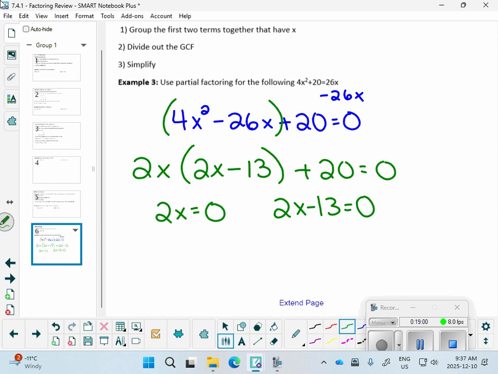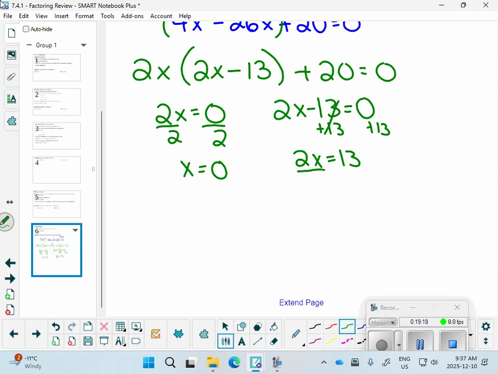So we had 2 and we took 1 away. Divide by 2, x equals 0. Add 13. 2x equals 13. Divide by 2. X equals 13 over 2.